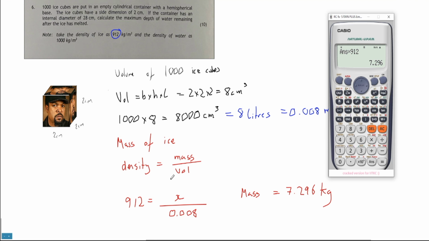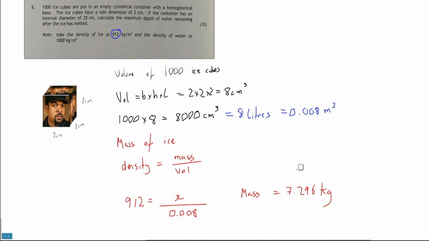Let's just check that. Yeah, okay. This is the mass of the ice cubes. I keep saying weight. Great. So this is what's going to be transferred into water. We're going to melt this down into water, and now I want to know how much volume this takes up.